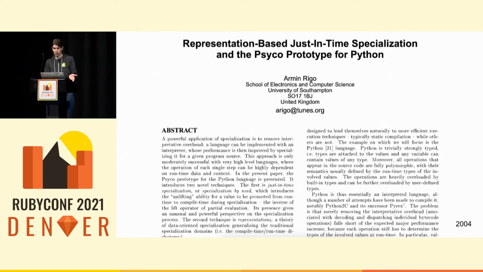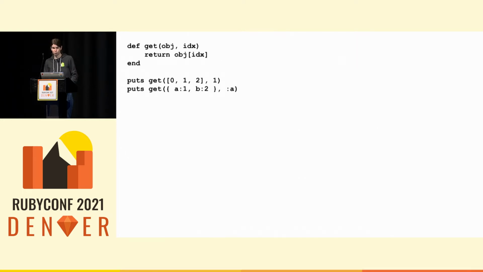This is based on a paper that was published all the way back in 2004 on Psyco, the JIT compiler for Python, which was a predecessor to the PyPy project. So just to look at a simple example, here we have a method get that takes 2 arguments, obj and idx, and that's going to perform an indexing operation.